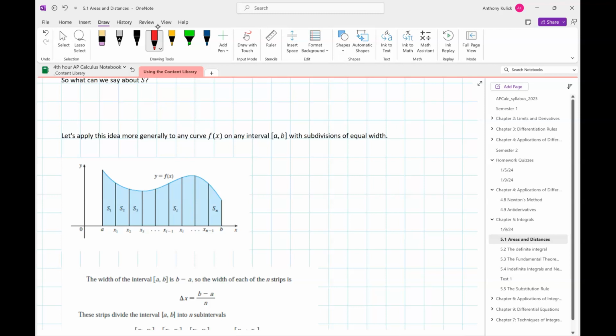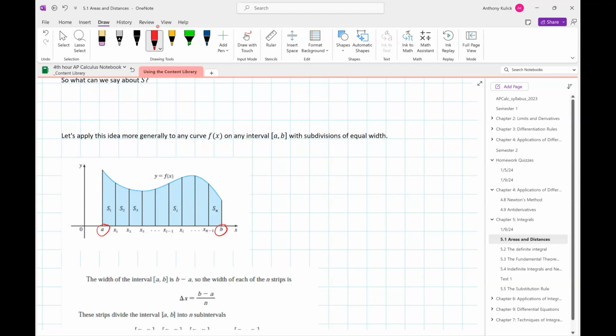So let's just say we have some arbitrary y equals f of x. Again, what we're going to want to do is chunk that up, and let's say we're looking from a to b. Right, the area under some curve y equals f of x from a to b. We'll chunk that up into n equal pieces.